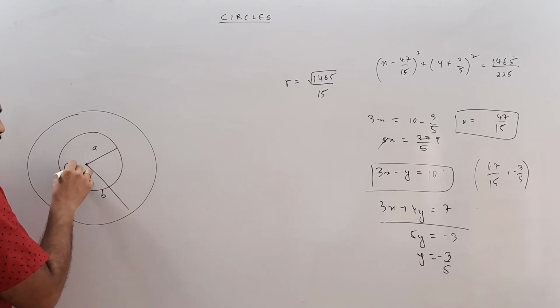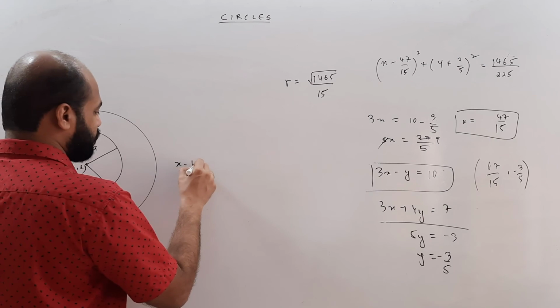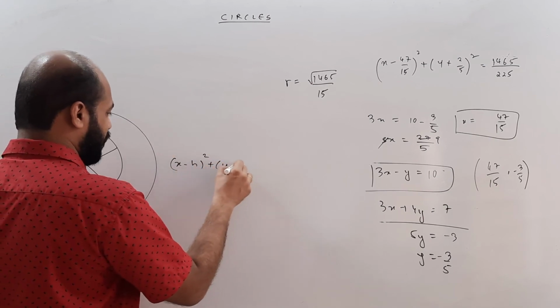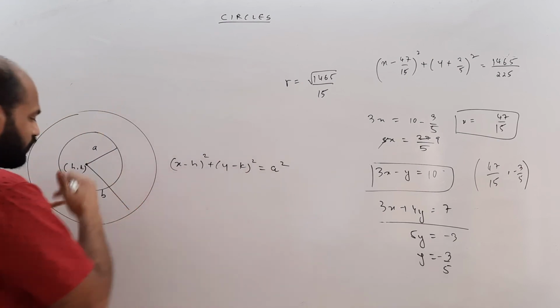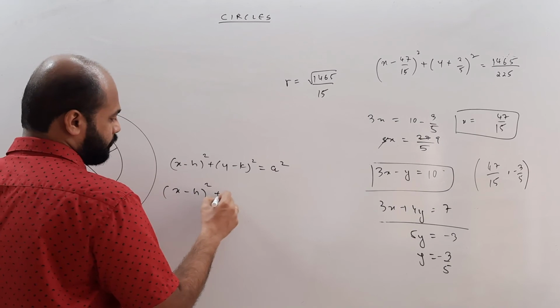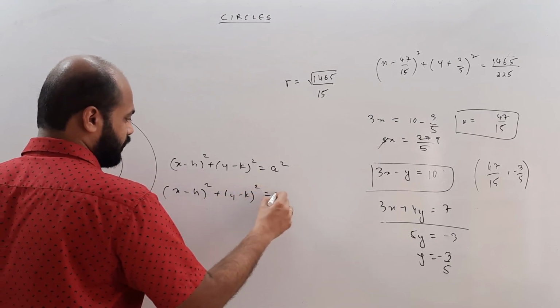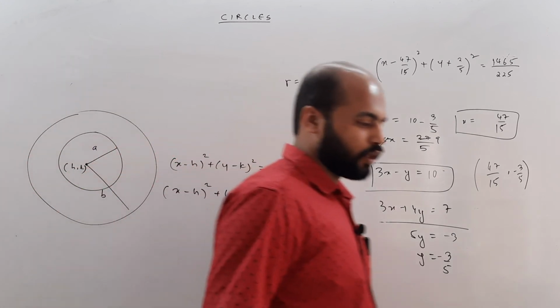For now, we'll consider it as h comma k. If you have to find the equation of these circles, the first circle is going to be (x - h) whole squared plus (y - k) whole squared is equal to a squared. And for the second one, the equation is going to be (x - h) whole squared plus (y - k) whole squared is equal to b squared. That is how we write the equation of concentric circles.